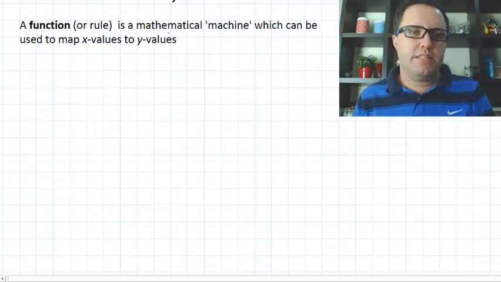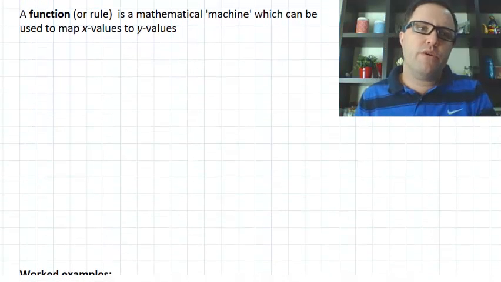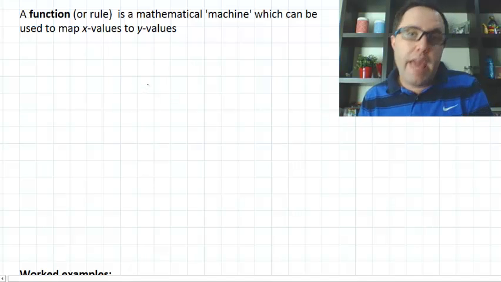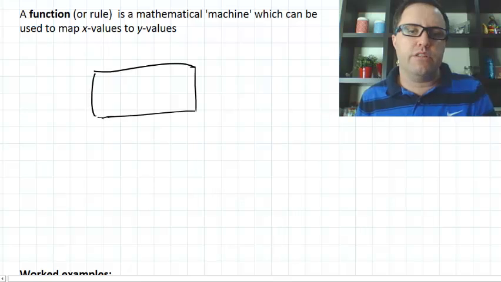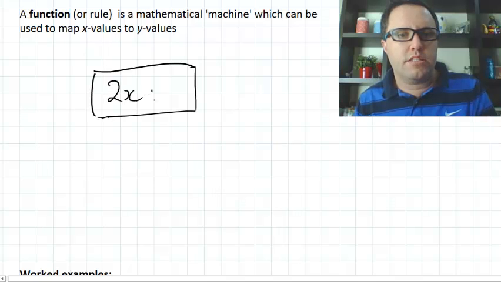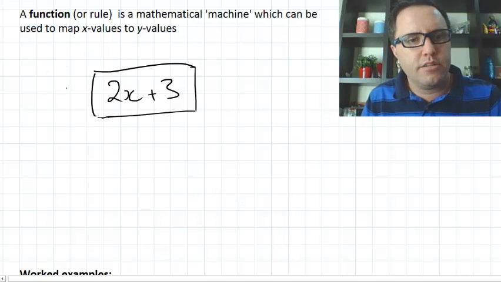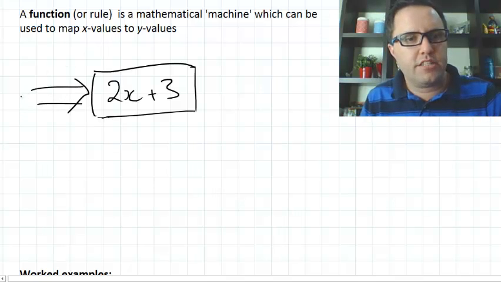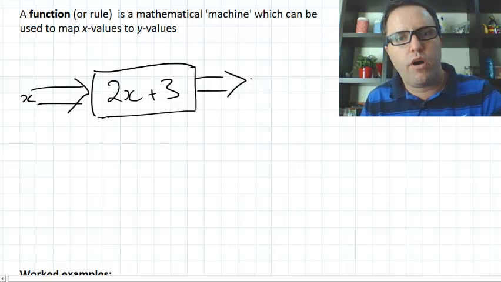Now we have these things in maths called a function, or sometimes a rule, which is a mathematical kind of machine which can be used to map x values to y values. This is something for later on, not something you have to worry about this year. We might have a function that's called 2x plus 3. So we shove x values into here and it will spit out a y value for us.